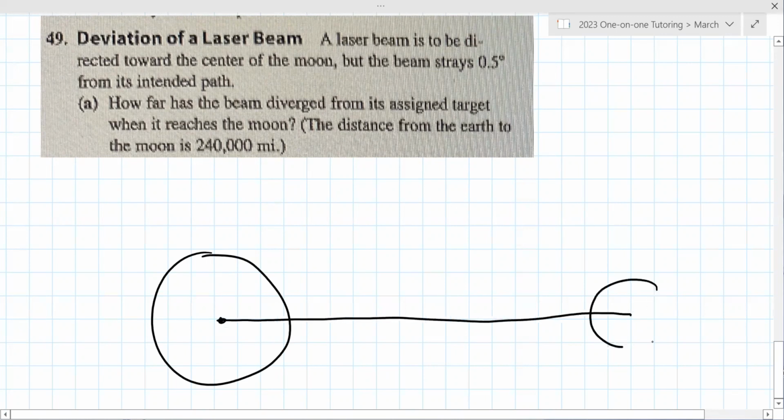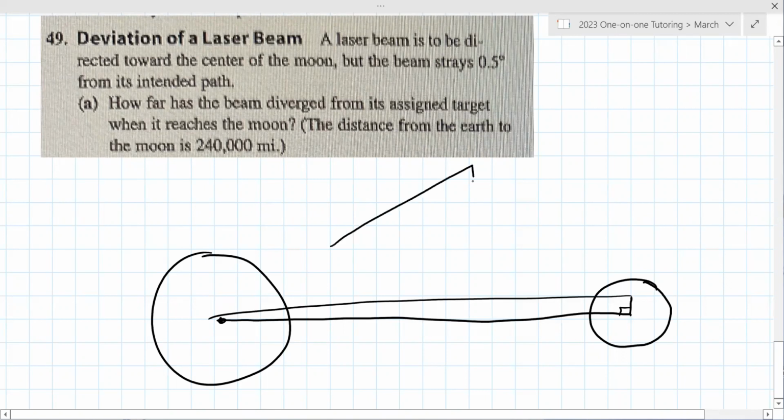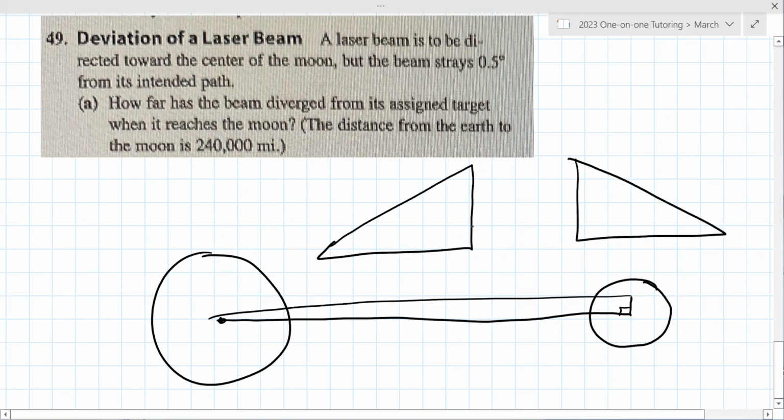So here is the drawing with the Earth and the moon, not to scale. If it was shot straight, you would draw this horizontal line, but it's not, it's this other thing. Sometimes you draw the picture and it's not really to scale. Did you draw something more like the one on the left or the one on the right?